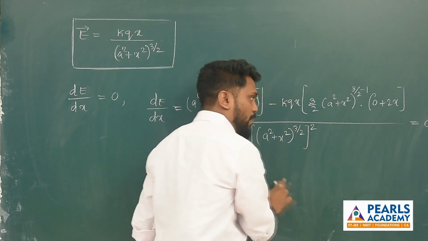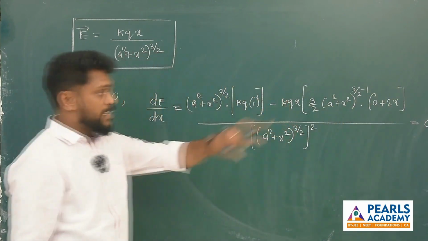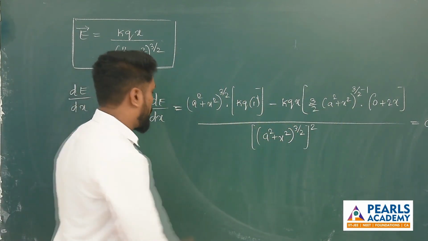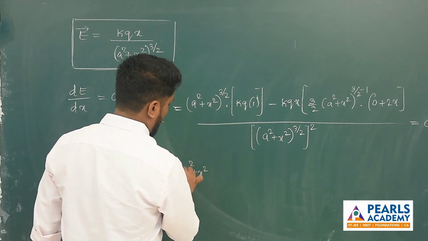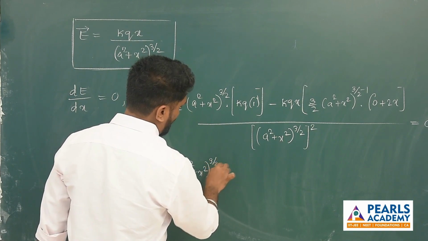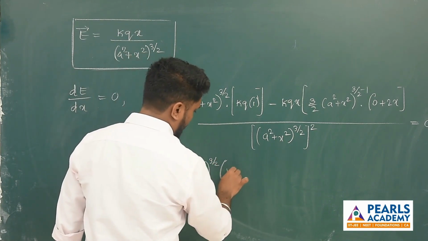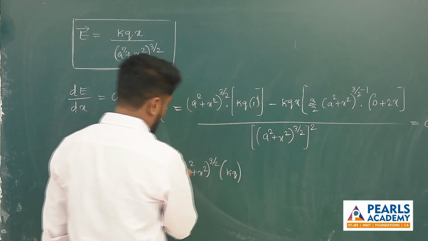Anyway, the denominator part coming to this side will be multiplied by 0, so that will be 0.